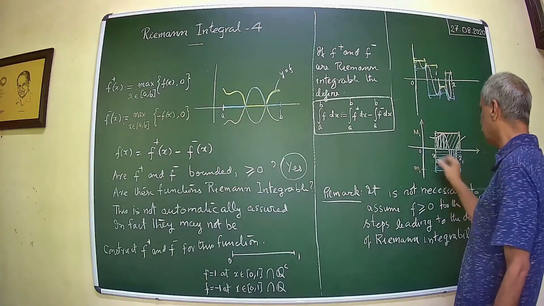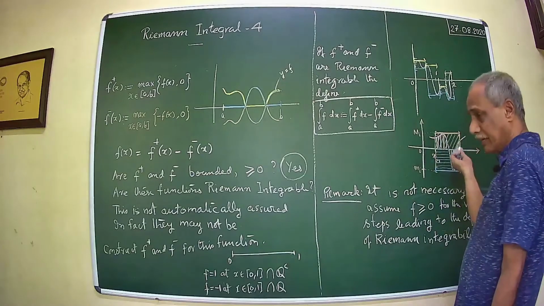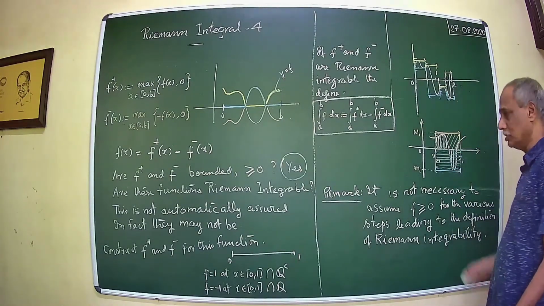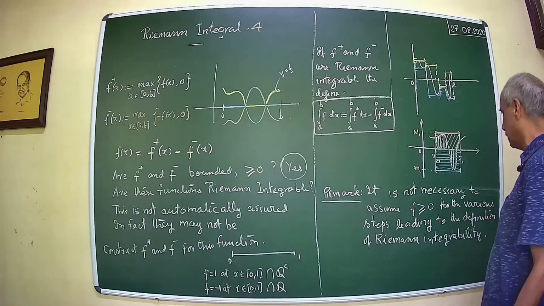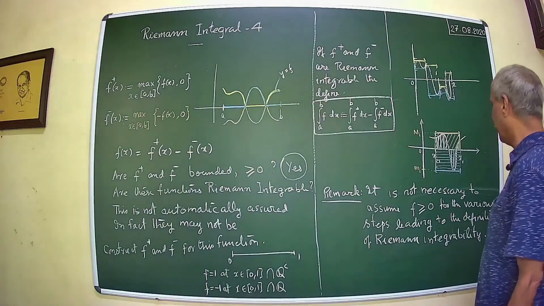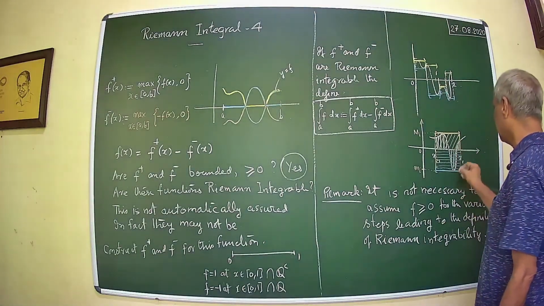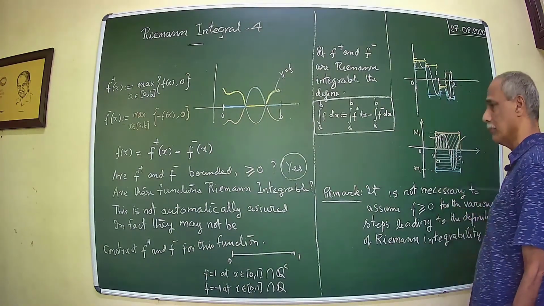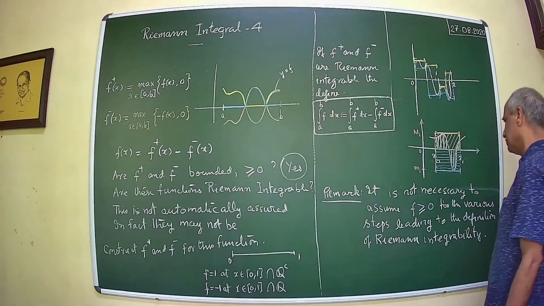It is negative, whereas in the picture I have drawn and the choice I have made, m_i is positive. And it's not necessarily the case that m_i is always positive. Now you may further subdivide this, and then you may get both m_i and capital M_i negative. This is possible.